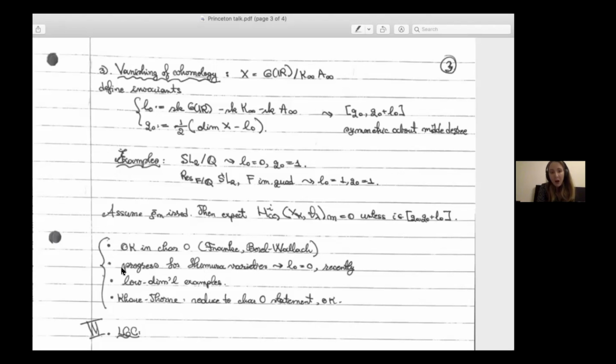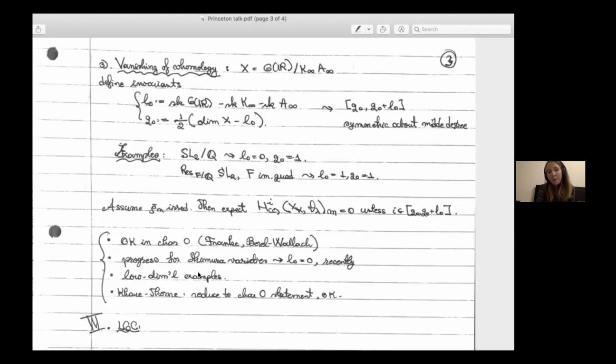And then also you can prove it in some low dimensional cases. So for instance, you can prove it by hand for arithmetic hyperbolic 3-manifolds, because you essentially have to show that the cohomology that you see in degrees 0 and 3 is Eisenstein, and you can understand those degrees essentially by class field theory.